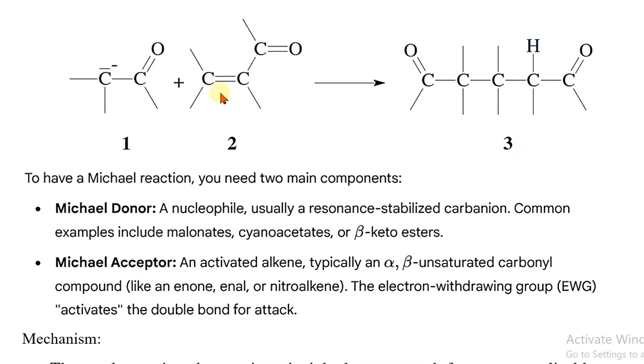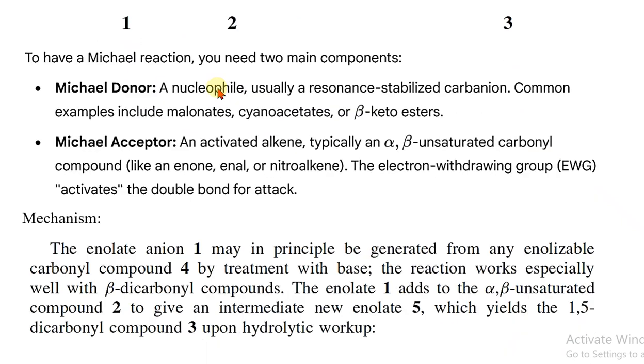The Michael acceptor is an activated alkene, typically an alpha-beta unsaturated carbonyl compound like an enone, enal, or nitroalkene. The electron-withdrawing group here activates the double bond for attack. When you have an electron-withdrawing group, it plays a good role in activating the double bond.